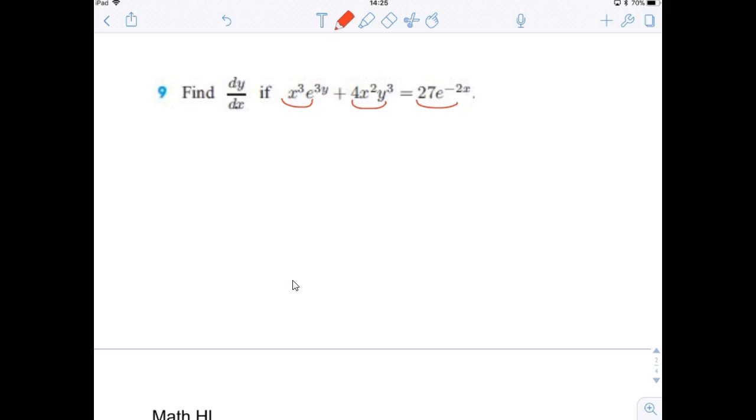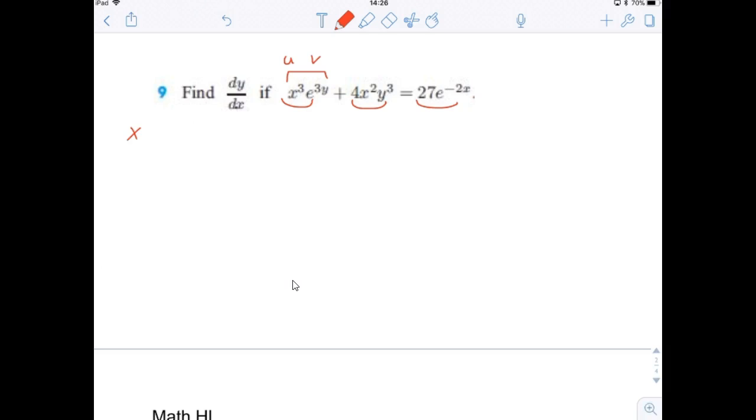Oh, wait a second. But within here, we do have some product rules going on, right? We have x cubed times e to the 3y. Those are 2 variable expressions multiplied together. So we do need to do product rule a little bit, okay? So let's say that x cubed is u and e to the 3y is v.